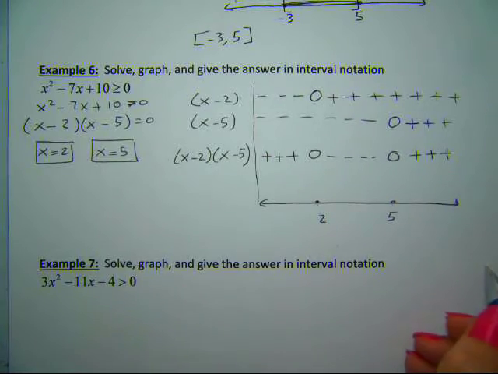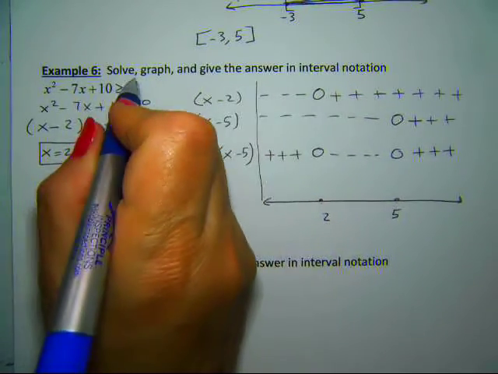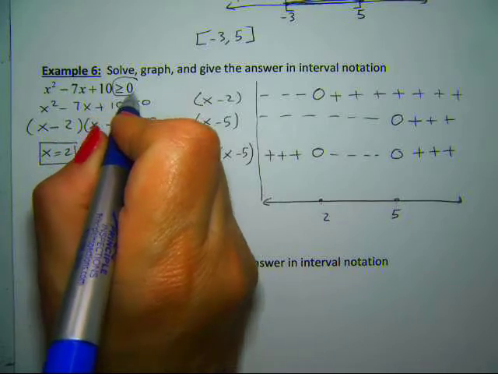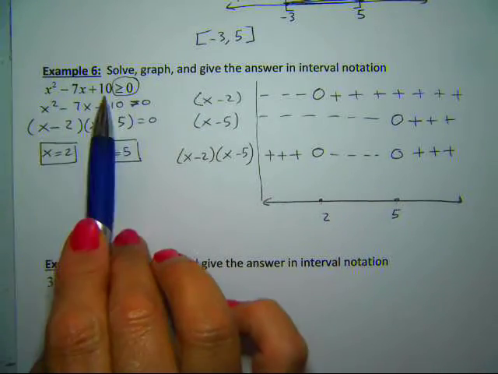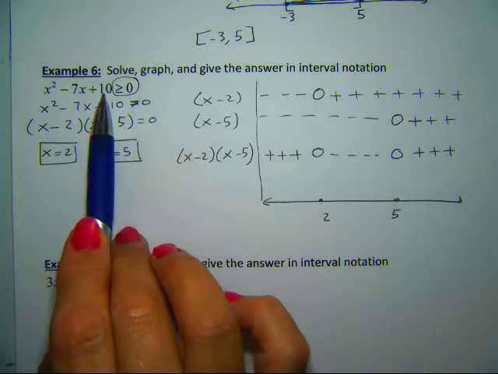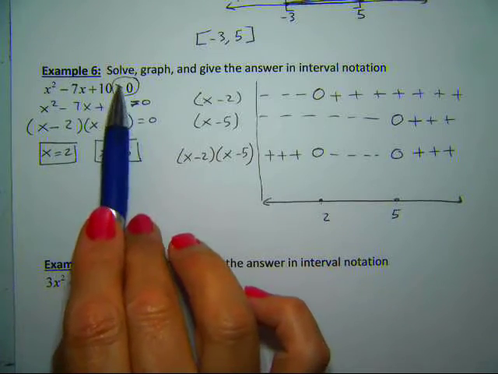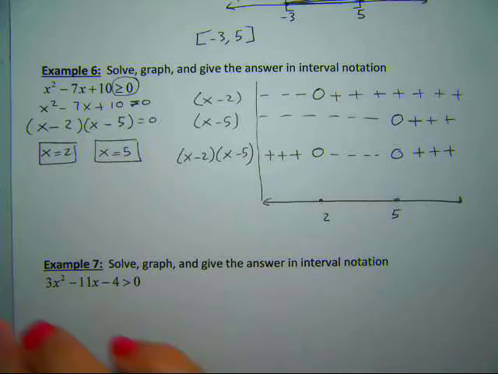Now, don't forget to go back to your problem and check what we are looking for. We are looking for when this quadratic inequality is greater than or equal to 0, and that means a positive number or 0.